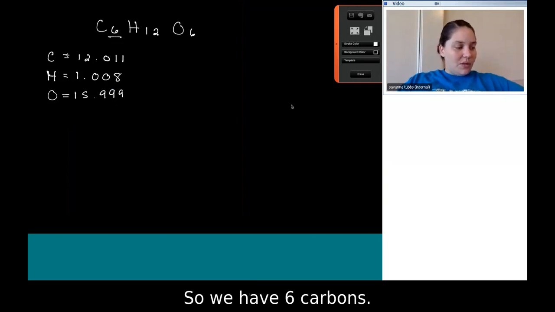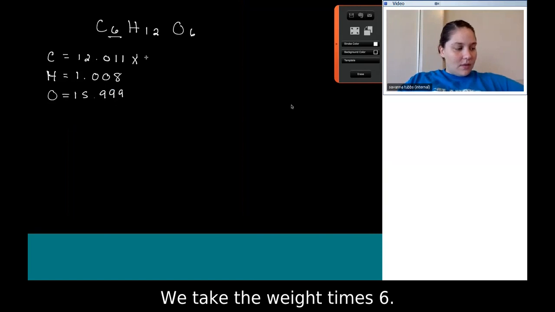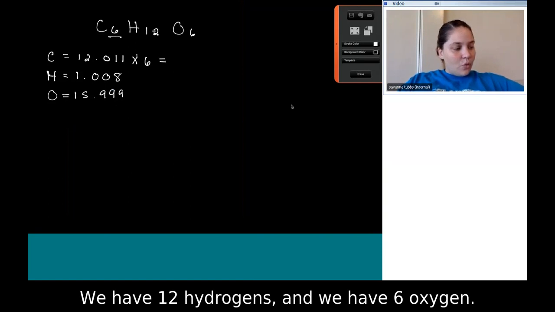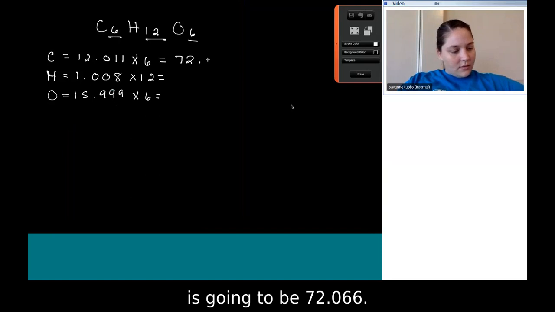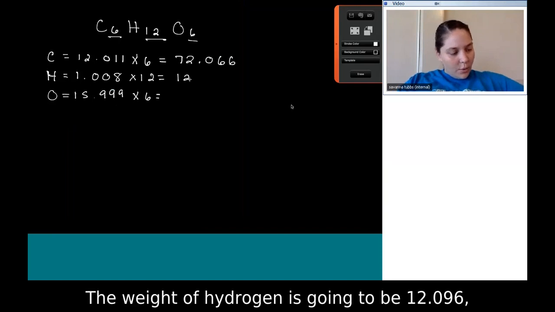So we have 6 carbons, so we take the weight times 6. We have 12 hydrogen, and we have 6 oxygen. And when we do the math, the total weight of carbon is going to be 72.066. The weight of hydrogen is going to be 12.096.